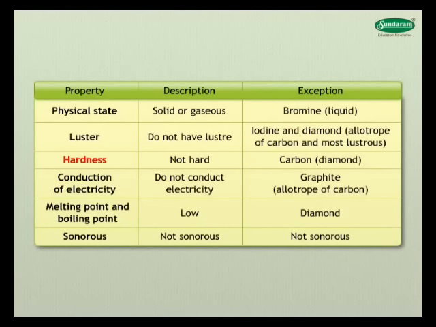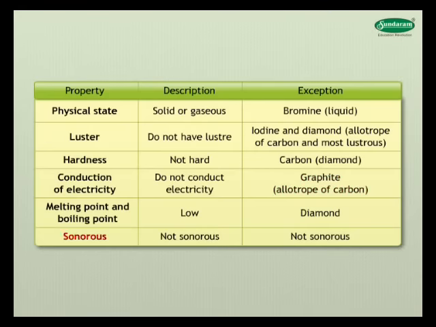Non-metals do not possess the property of hardness except carbon in the form of diamond, which is the hardest substance known. Diamond also has a high melting and boiling point. Non-metals do not conduct electricity except graphite, which is an allotrope of carbon.